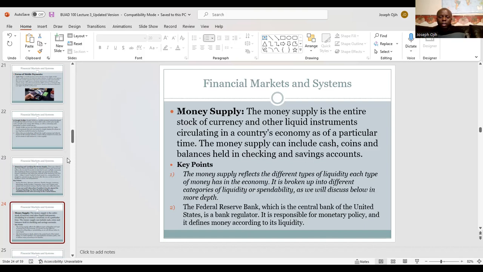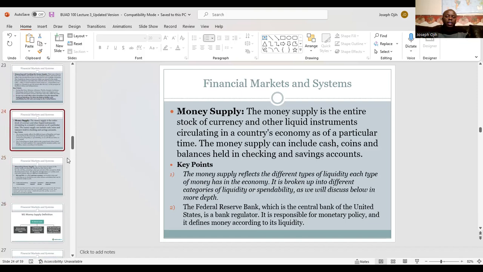In other words, there are a few things we need to know about the money supply. First, the money supply reflects the different types of liquidity each type of money has in the economy. There are different types of money supplies, which we will see in a few minutes, and each of them reflects a different type of liquidity that the economy has at that particular time.